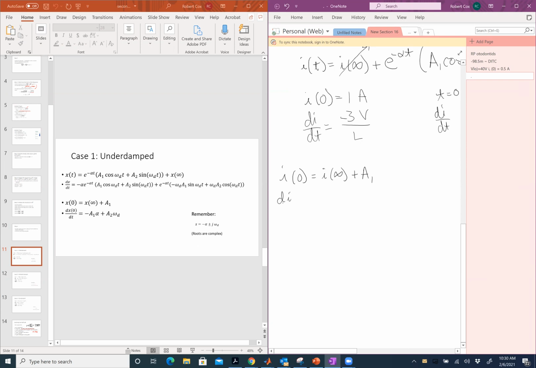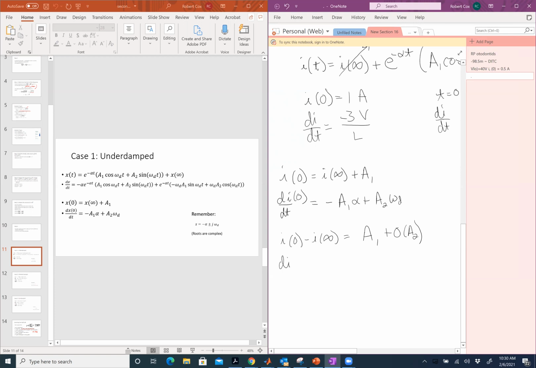And di by dt of 0 equals minus a1 alpha plus a2 omega d. So what I do is I take that first equation and turn it into I of 0 minus I of infinity equals a1 plus 0 times a2.